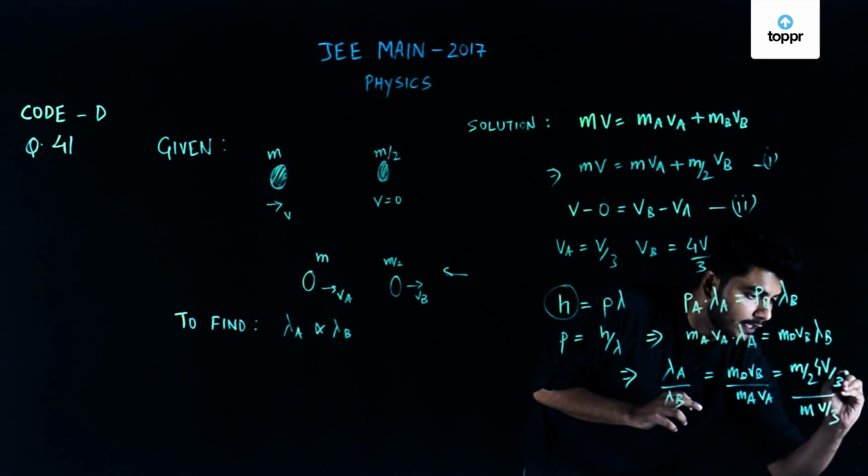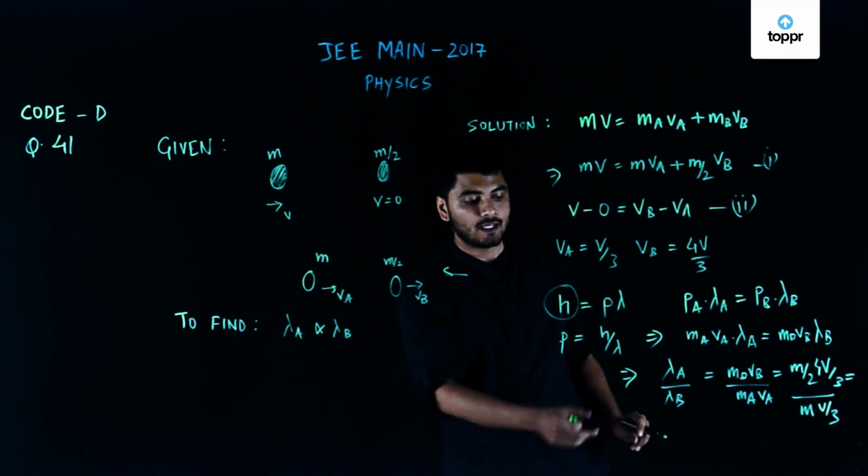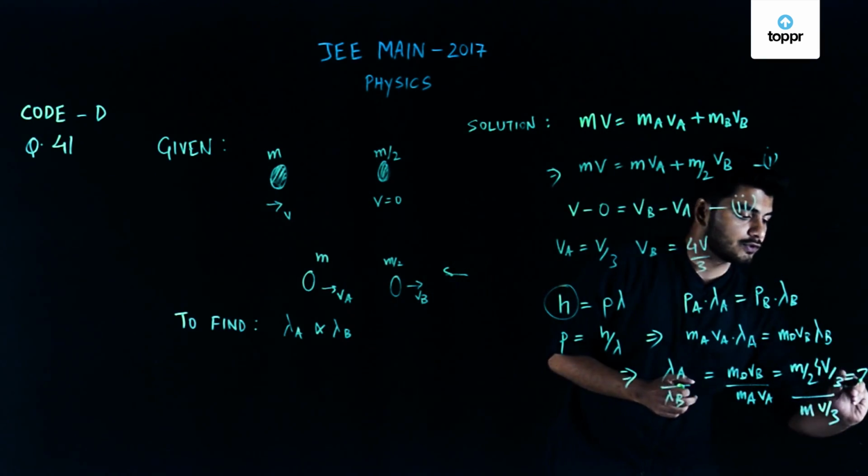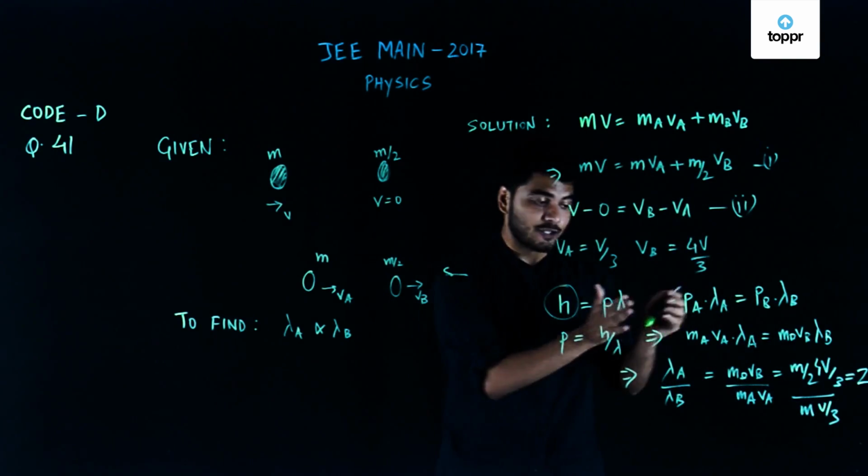On solving this, we get that the ratio of the de Broglie wavelengths of A to B is equal to 2. Hence, you get the ratio of the wavelengths.